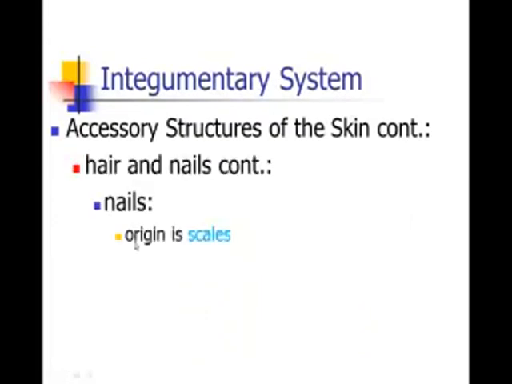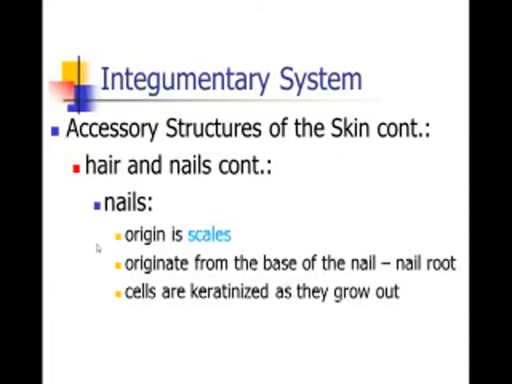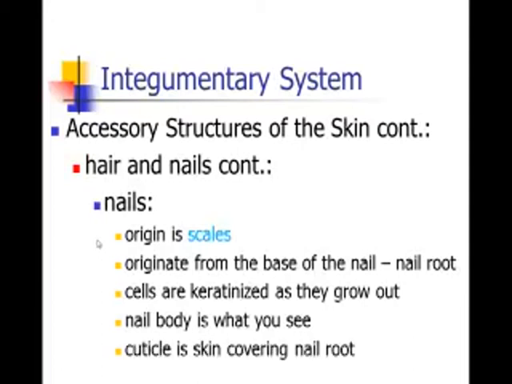Okay, nails. Nails, too, come from embryonic structures that were basically scales. And there is a nail root. This is where the nail originates from, at the base of the nail. As the cells grow, they get keratin associated with them, which hardens them. And so what you look at when you see a fingernail or a toenail is this nail body. Then we have a cuticle.